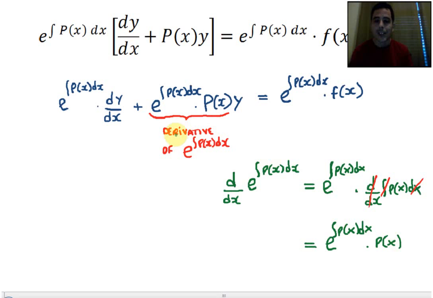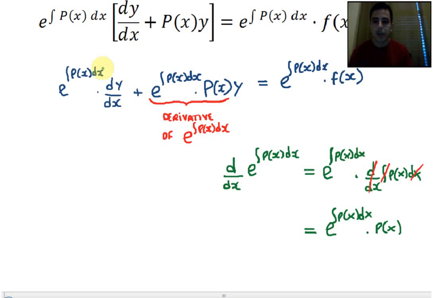Okay, so you can see that this expression here that is multiplying the y function, that is the derivative of this. So now looking at the big picture, this whole expression on the left hand side of the differential equation is actually a derivative of a product, because it's the first function times the derivative of y plus the derivative of the first function times y.